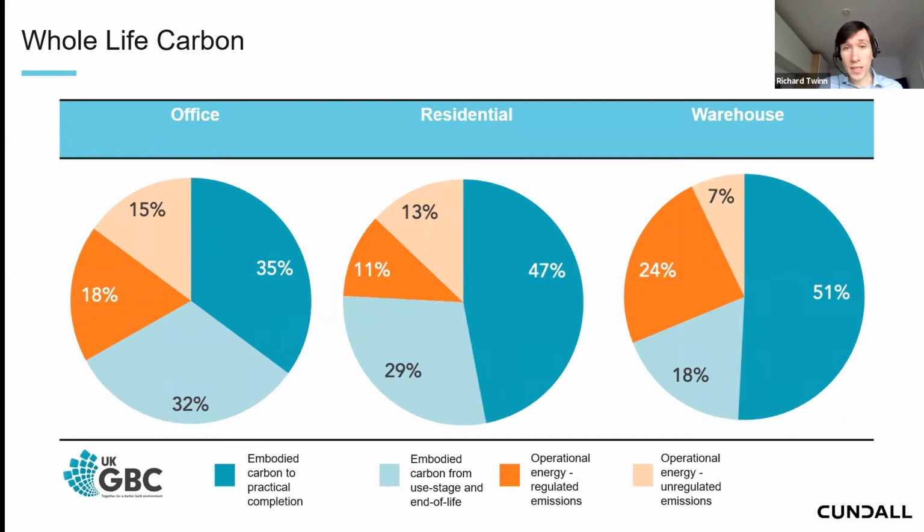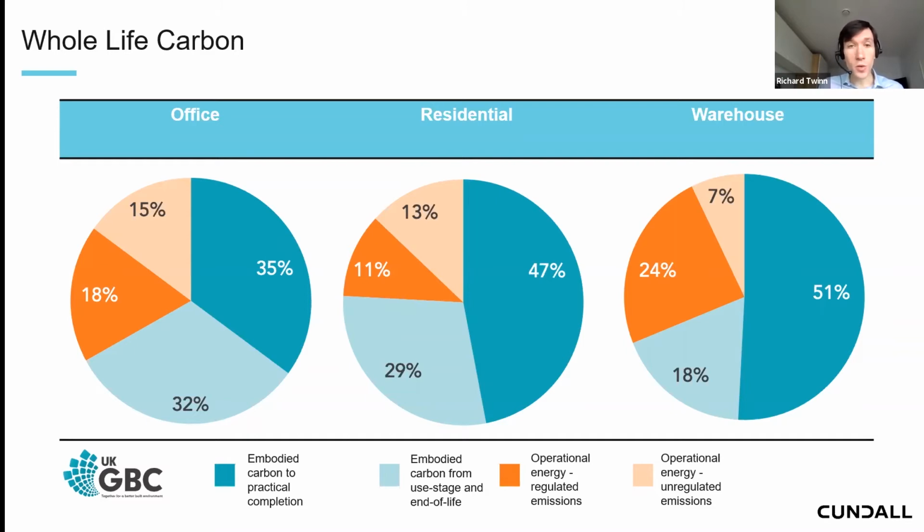Now, how does that break down in terms of your average building? Well, obviously, it varies quite significantly by building, but the UK Green Building Council has got some indicative figures for offices, residential blocks and warehouses. You'll see the blue colours are the embodied carbon, the darker is for upfront carbon, that is everything before practical completion, and the lighter blue is the embodied carbon from the rest of the life cycle.